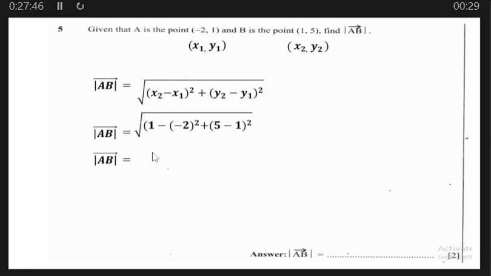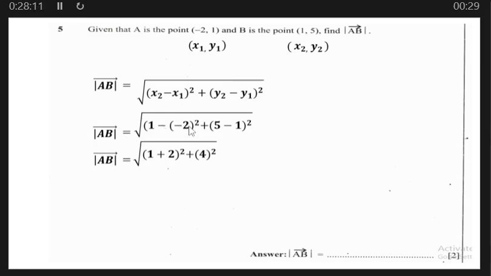You see, negative times negative will give you positive, so this one will become like this. We'll say negative times negative, because we want to clear out this bracket here. So negative times negative will be positive.